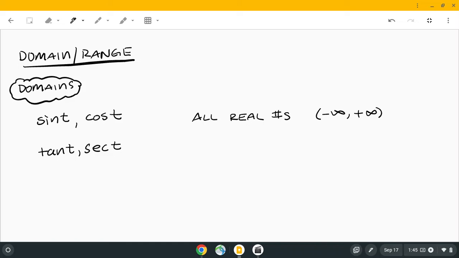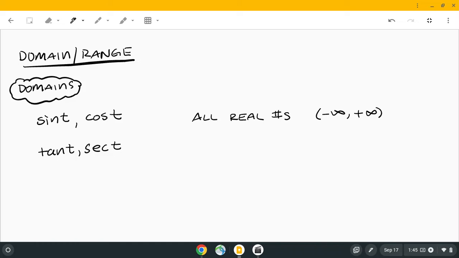So here we don't want to end up with undefined. So we don't want cosine being 0, because tangent is sine over cosine.